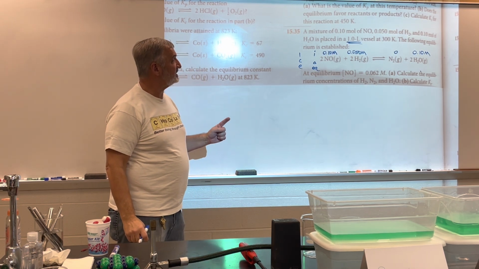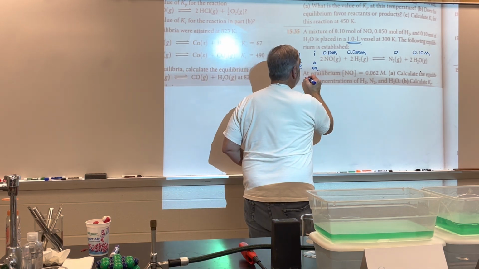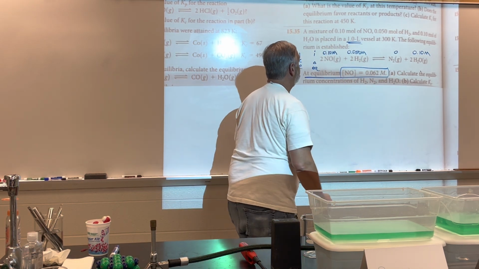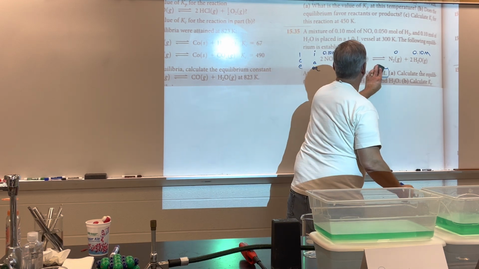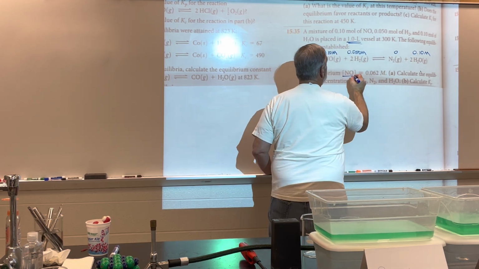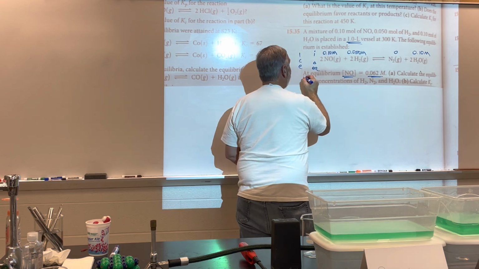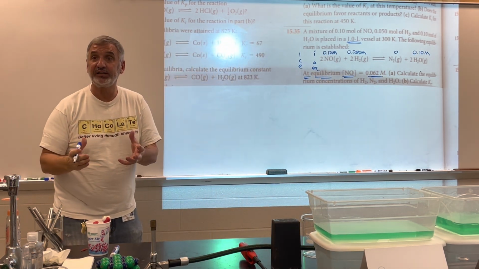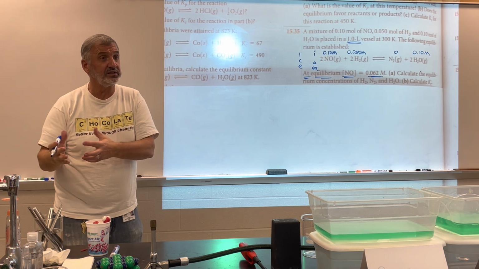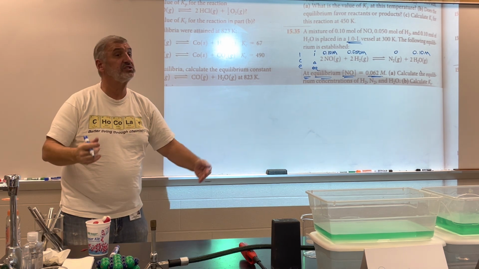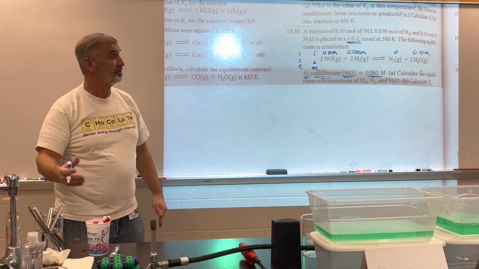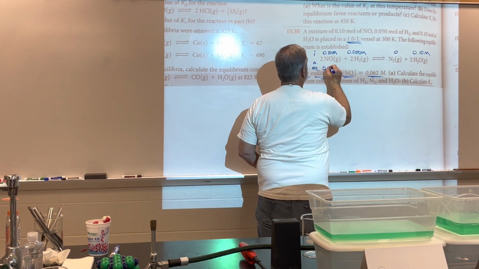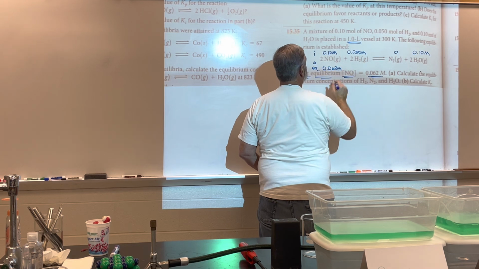Now, in this particular one, they say at equilibrium, NO equals that. K is always equilibrium concentration. It's your equilibrium constant. It's not your initial concentrations, it's your equilibrium concentrations. I know that at equilibrium, this is equal to 0.062 molar.